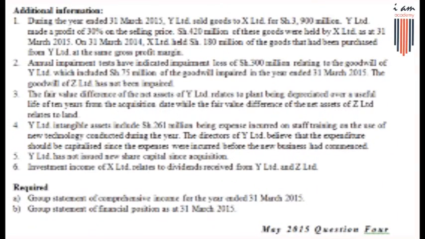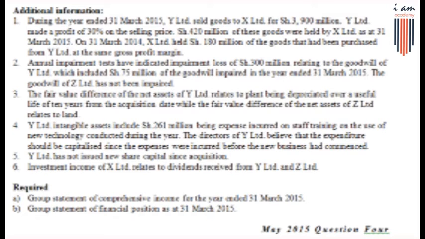Additional information. 1. During the year ended 31st March 2015, Y Limited sold goods to X Limited for 3,900 million. Y Limited made a profit of 30% on the selling price. 420 million shillings of these goods were held by X Limited as of 31st March 2015.